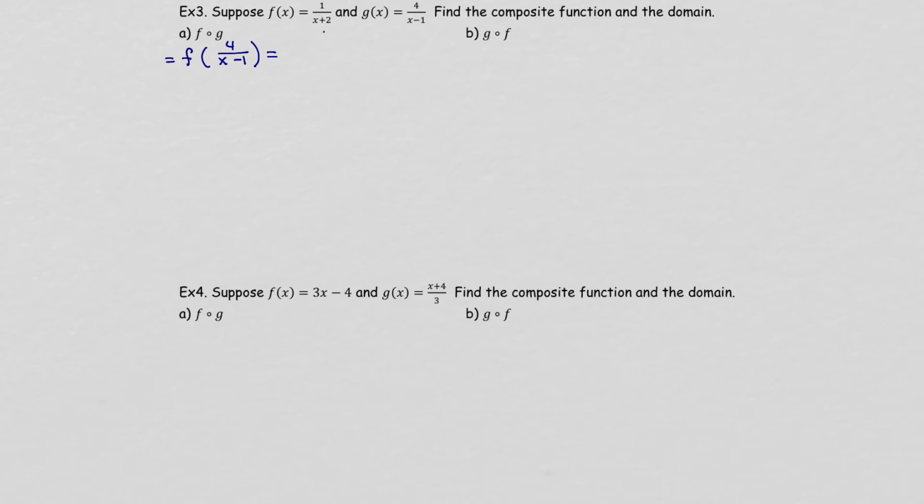So f of x is 1 over x plus 2, right? But instead of x, you're going to replace 4 over x minus 1. You have a complex fraction, a fraction inside a fraction. In order to get rid of that, you need to multiply by x minus 1 over 1, so the numerator will cancel out the denominator. It means you're going to multiply x minus 1 on the numerator and denominator to all the terms.